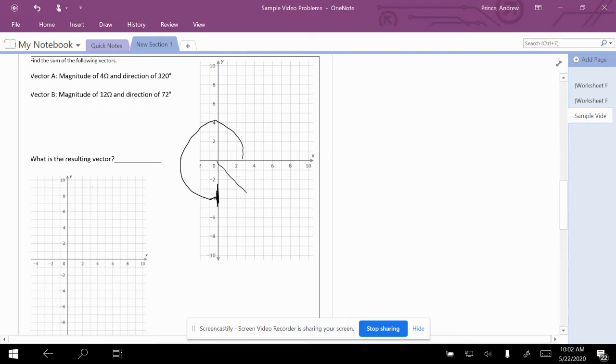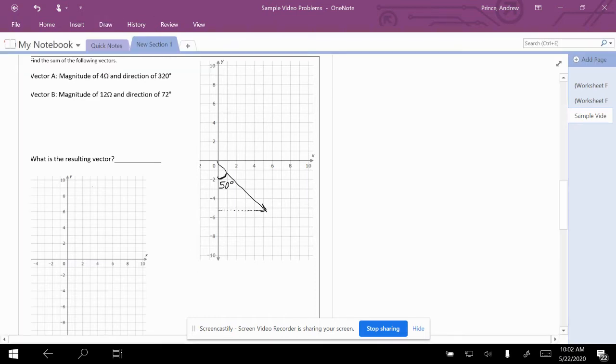So the 50-degree angle with my vector is going to be right here, and I'm going to make my triangle like that. Now, if you wrote that 50-degree angle in the wrong place, that's going to be wrong, and it's going to flip-flop your opposite and adjacent when you plug those in with your SOHCAHTOA. So just make sure you're putting that angle where it belongs.